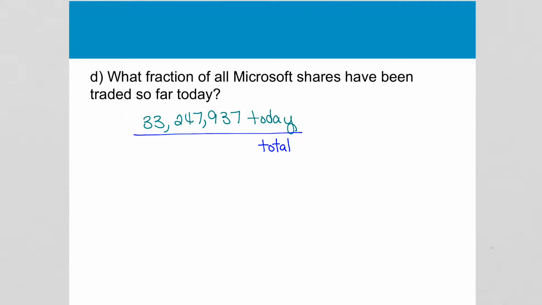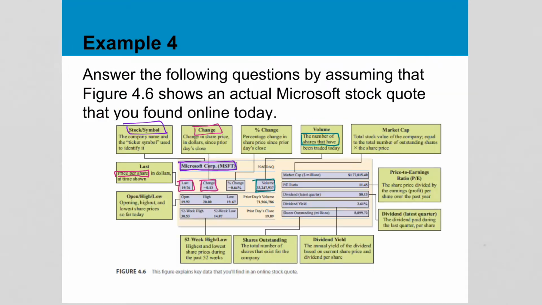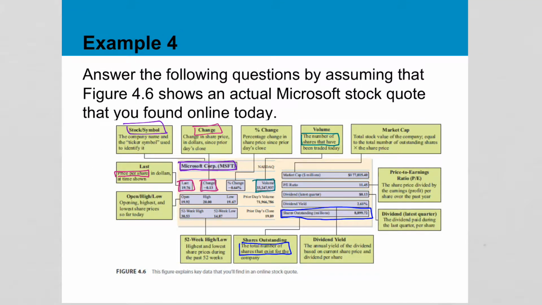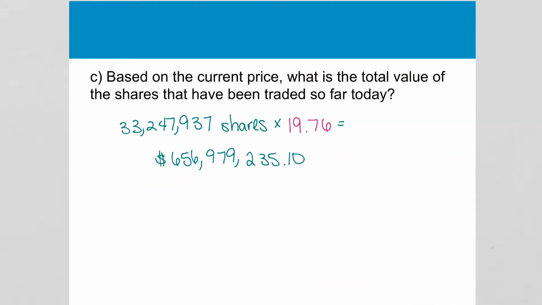So how many shares are there in Microsoft total? The total number of shares, the shares outstanding. Says 8,899.72 million.